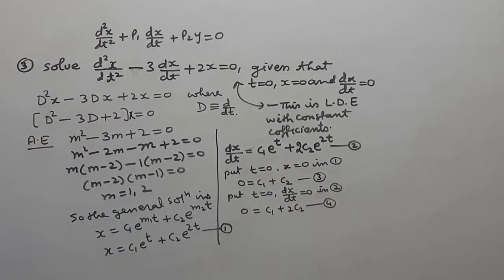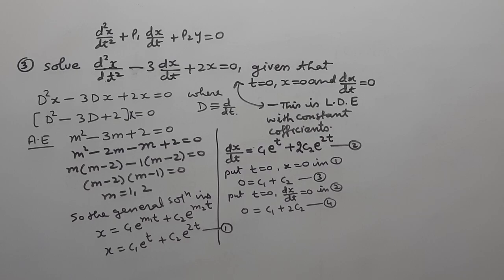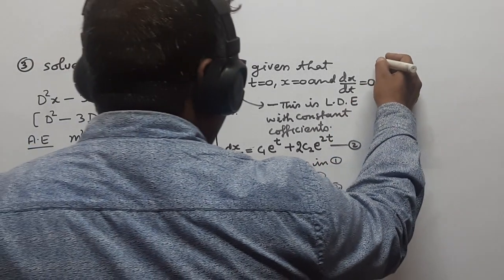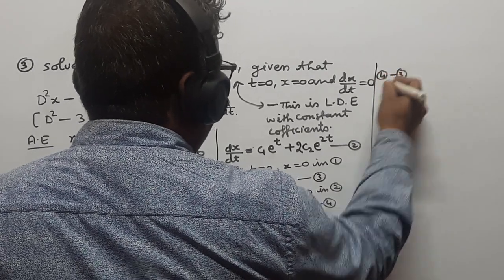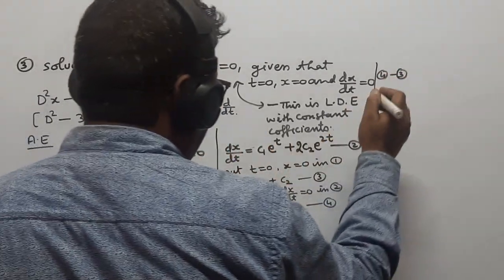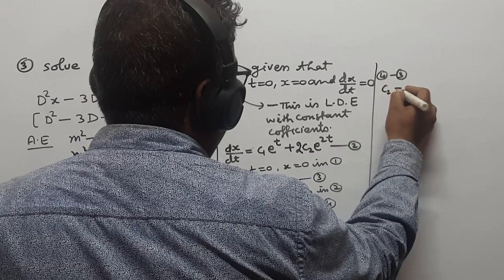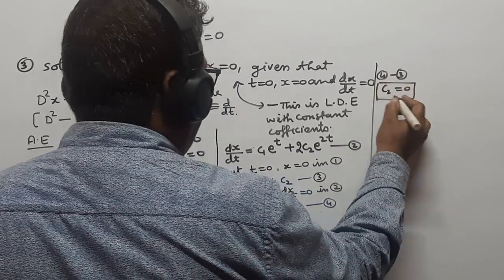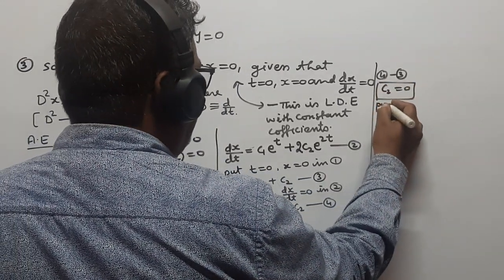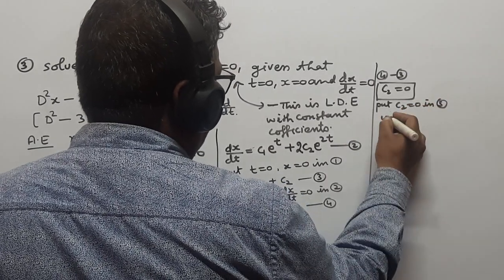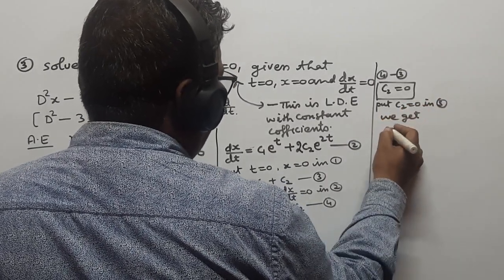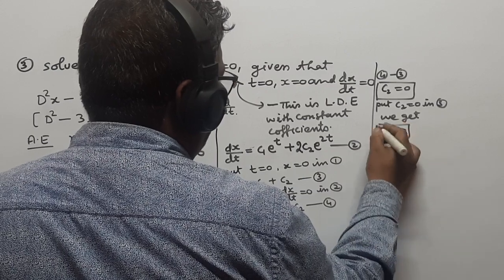Now we solve these two equations, third and fourth. Subtracting third from fourth, we get c2 = 0. If we put c2 = 0 in the third, we get c1 is also 0.